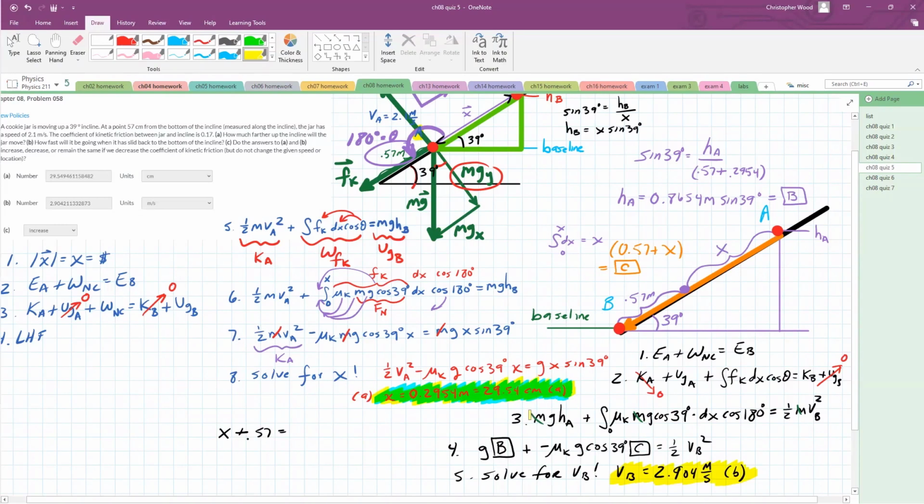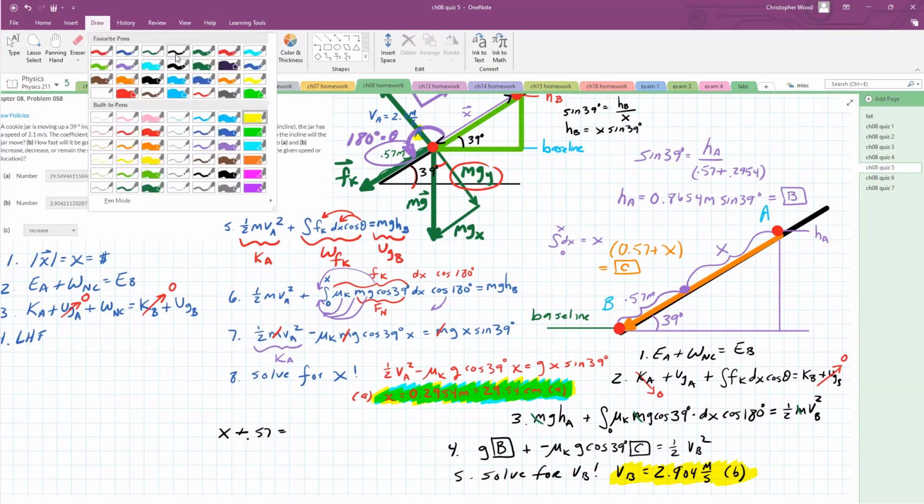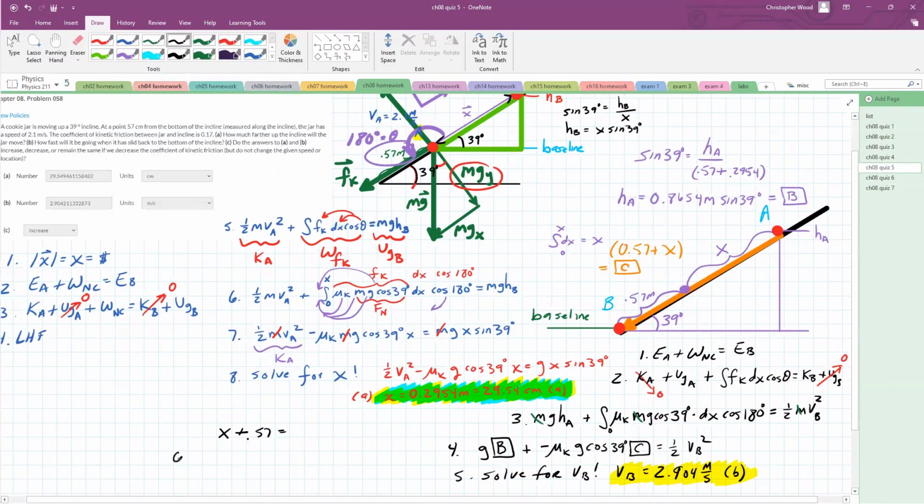Part C. Do the answers to A and B increase, decrease, or remain the same if we decrease the coefficient of kinetic friction, but do not change anything else? Decrease, huh? So, number 6.